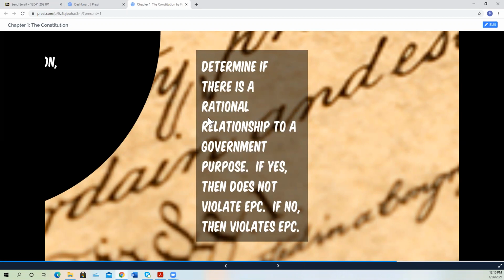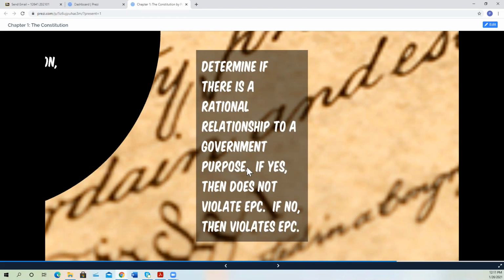If there is a rational relationship, then it doesn't violate the Equal Protection Clause. If there's not, then it violates the Equal Protection Clause. So in this case, is there a rational relationship for the government to treat those under 21 differently to prevent them from drinking?